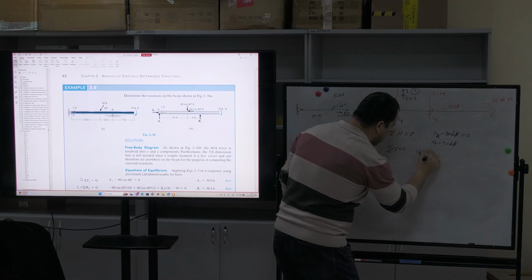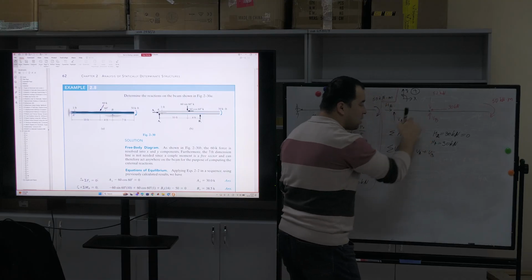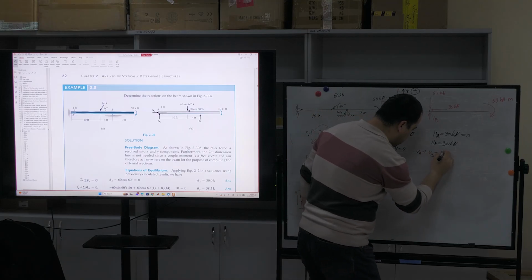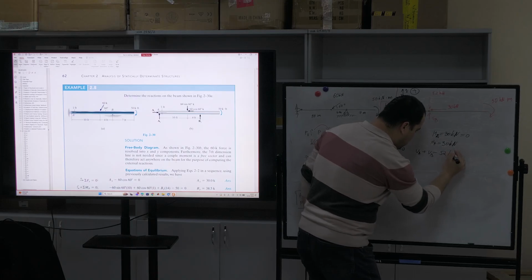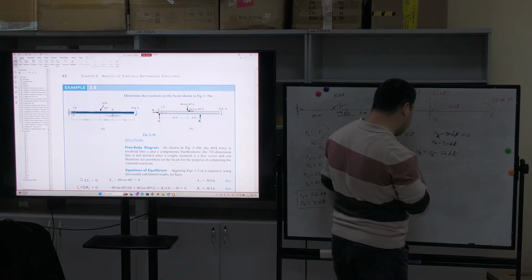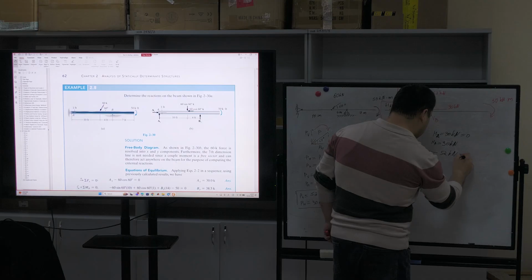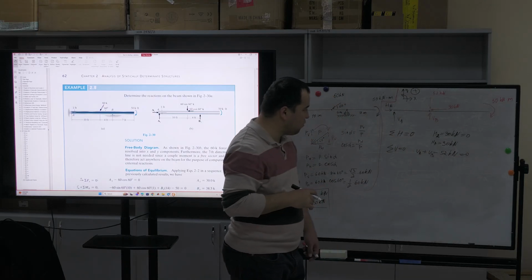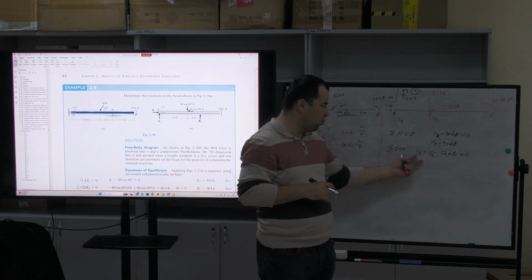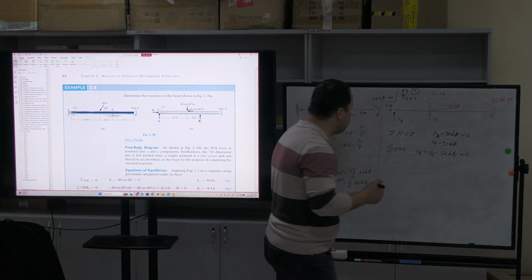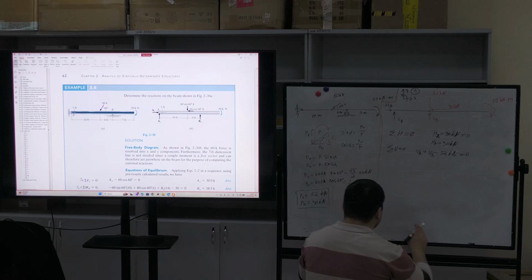VA plus VB, and the direction is negative, minus 52 kilonewtons, is equal to 0. From this equation, I cannot find the solution because we have 2 variables and 1 equation. That's why I need the third equation.